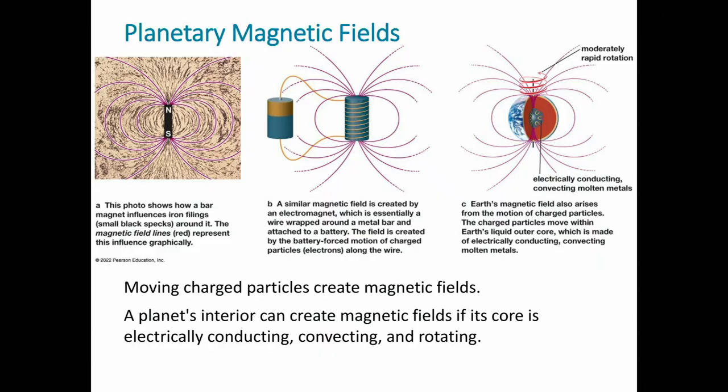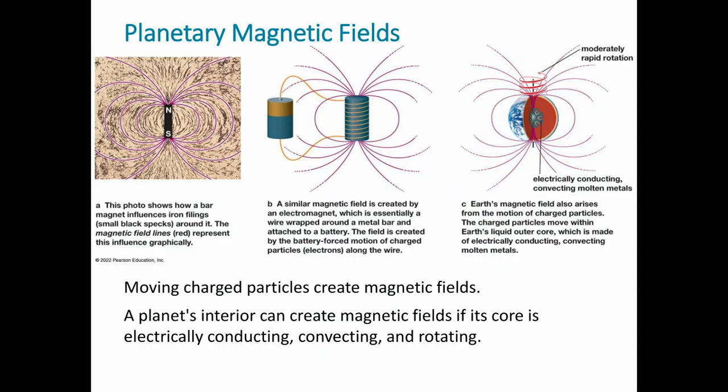So in addition to geologic activity, we can look at magnetic fields around planets. So you might have seen a magnet in an introductory science class. You've got a north pole and a south pole, and if you drop a bunch of iron filings around your magnet, you can trace out the magnetic field lines that go around the magnet.